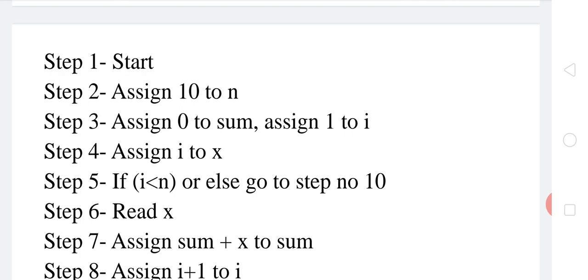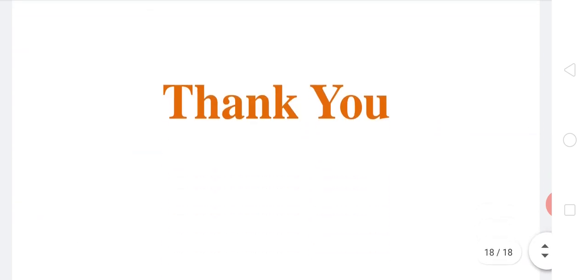As you know, if we add 1 plus 2 plus 3 plus 4 plus 5 plus 6 plus 7 plus 8 plus 9 and plus 10, it will become 55, so the output will be print 55. Thank you.